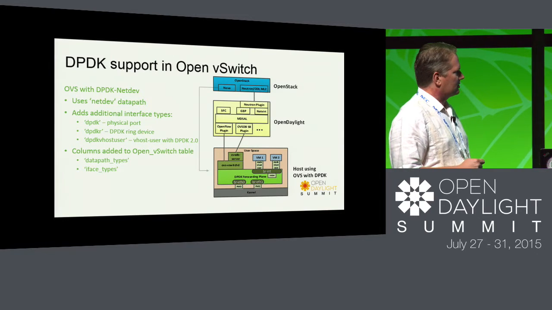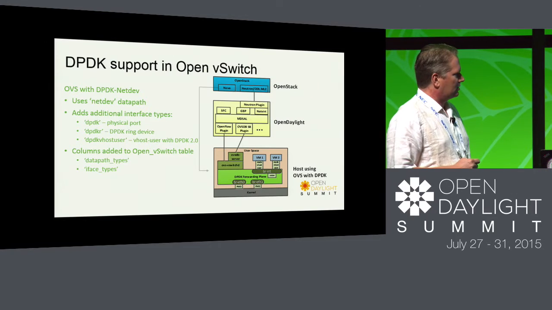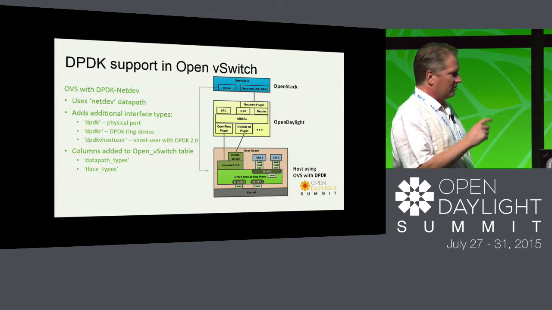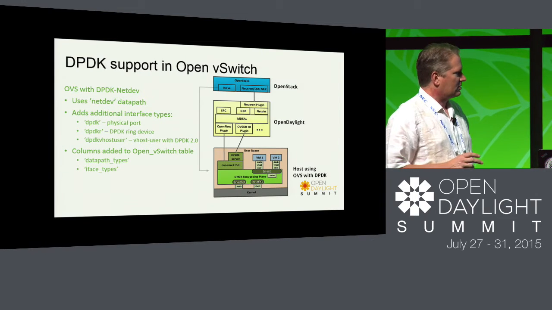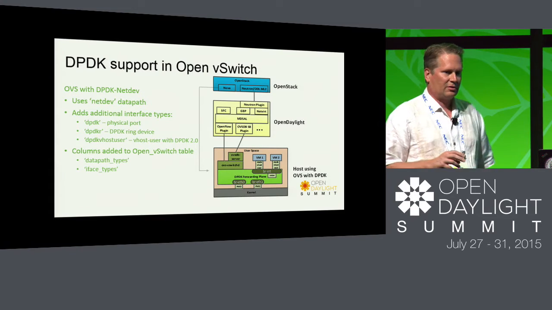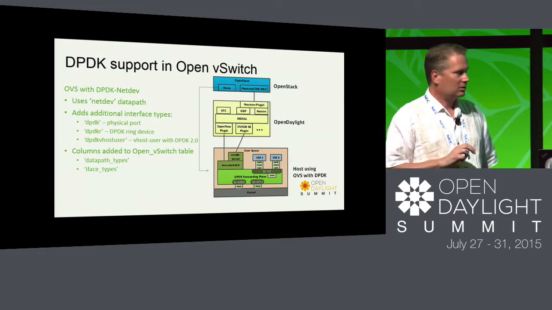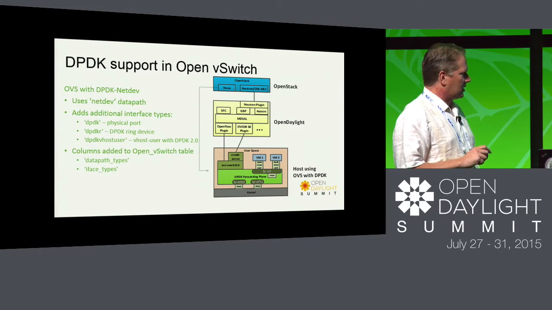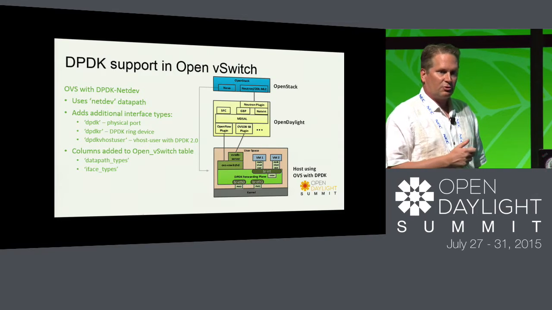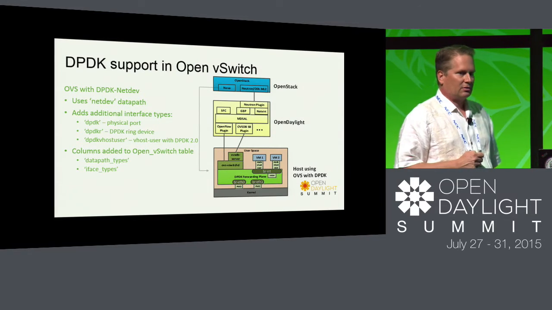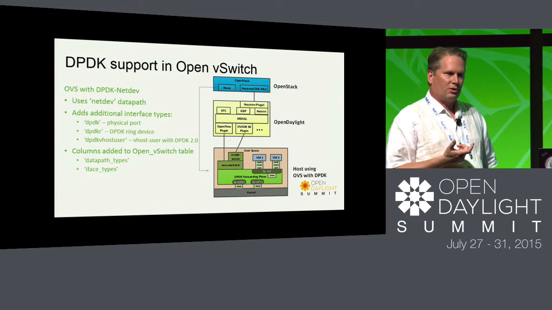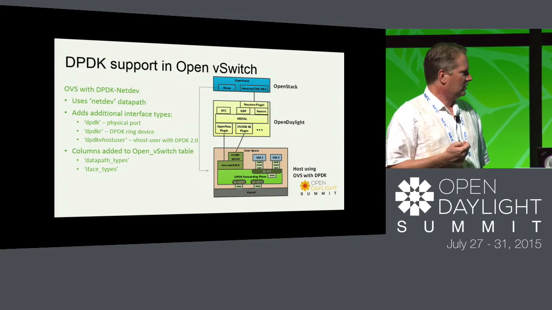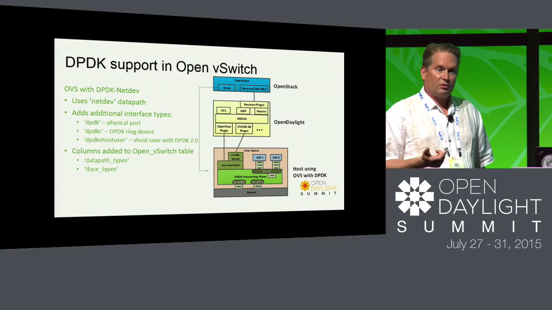Finally, and this was something that we helped get pushed into the Open vSwitch code, in the Open vSwitch table, which represents the information about the OVS node where OVS is running, there are a couple of new columns: data path types and interface types. These are basically an enumerated list of the data path types supported by the Open vSwitch instance, and also the list of interface types.